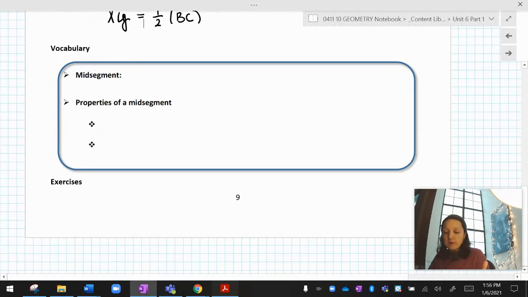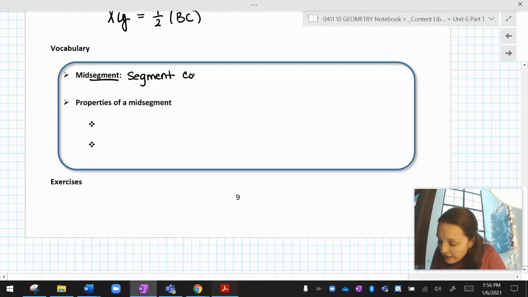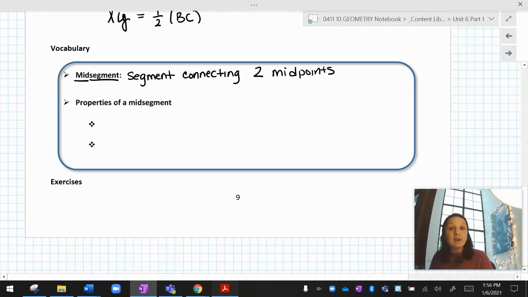So vocab you need to know. What's a midsegment? A midsegment is a segment connecting two midpoints. Wow, they named that appropriately. A midsegment is a segment connecting midpoints. That works. What are the properties of a midsegment?